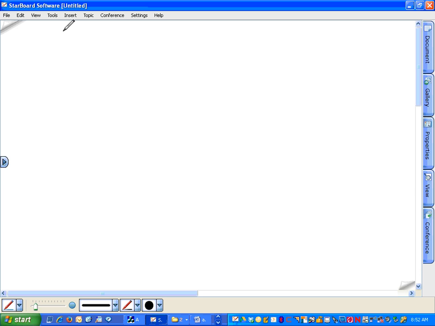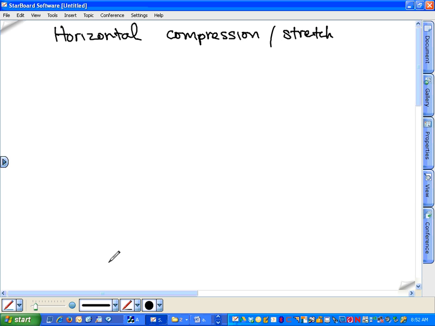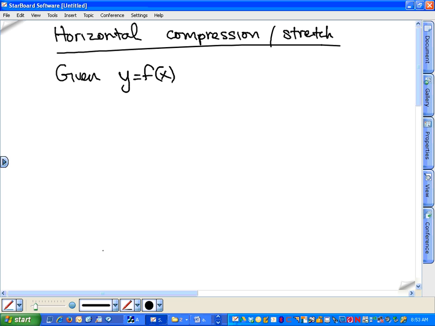Let's talk for a minute about horizontal compressions and stretches. So given a graph of a parent function, y equals f of x, y equals f of b times x.